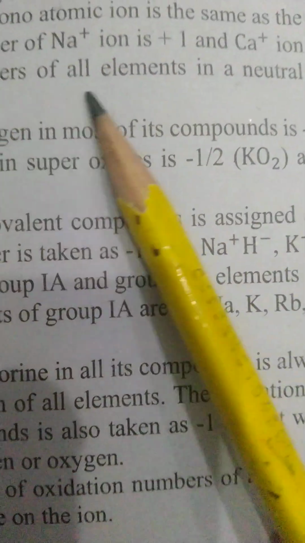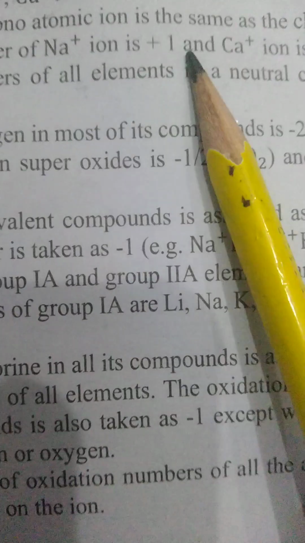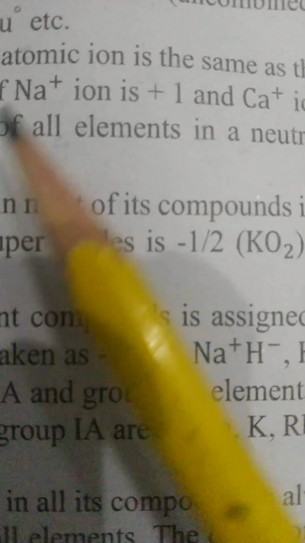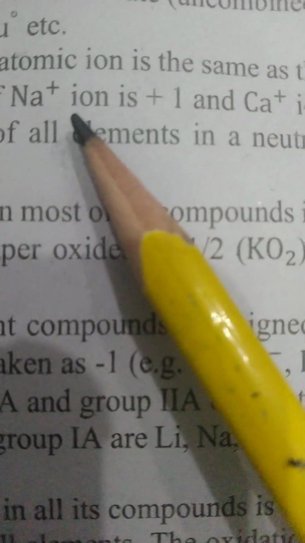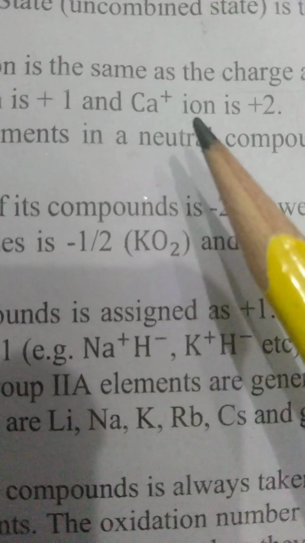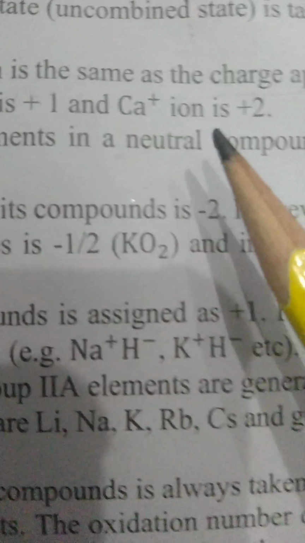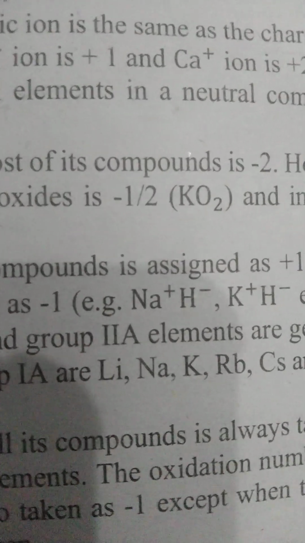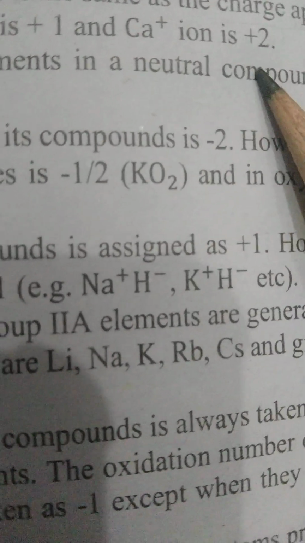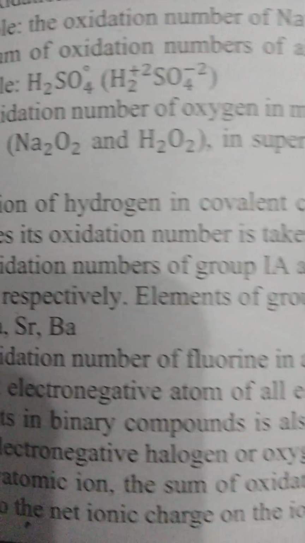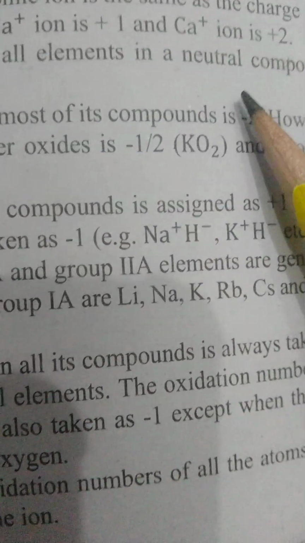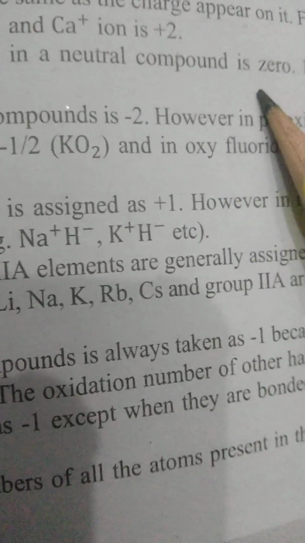You know that Na, sodium, has a +1 charge, so it will be +1, and calcium, Ca, has +2, so +2 is the charge. Simple one. But the sum of the oxidation numbers of all elements in a neutral compound is 0.